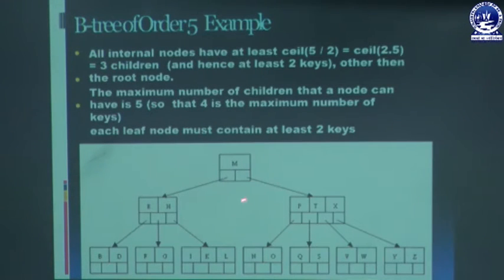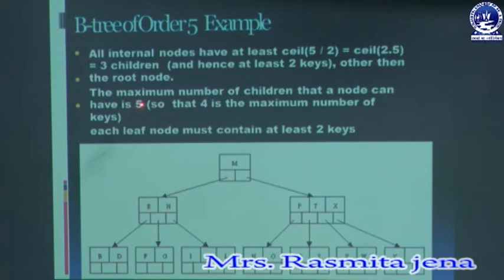So this is the tree that we have taken as the initial B tree, formed after the insertion of a number of nodes, and on this B tree we will perform the deletion operation. This is a B tree of order 5, which we have already discussed. That's why each node must contain at least 3 children and at least 2 keys other than the root node, and the maximum number of children a node can have is 5.